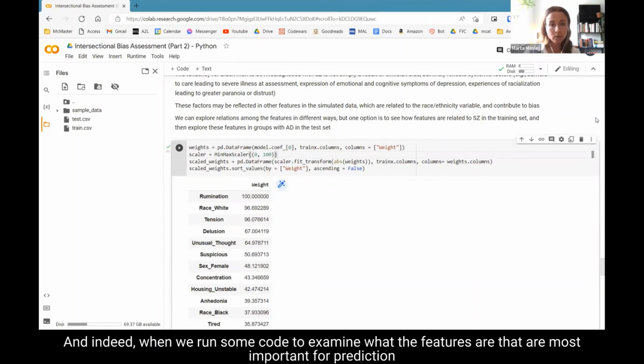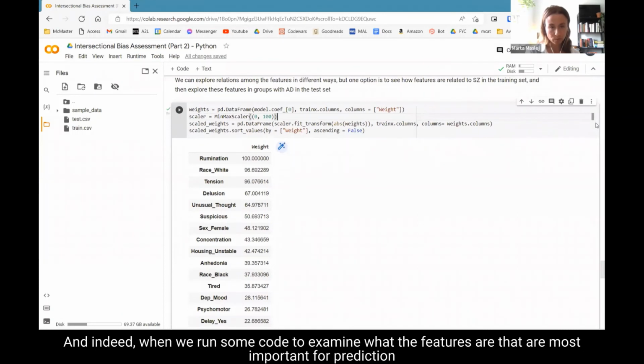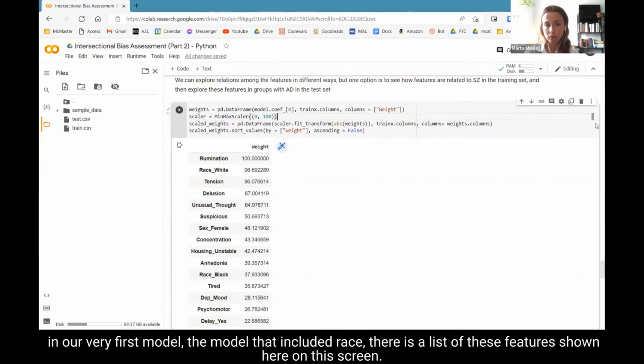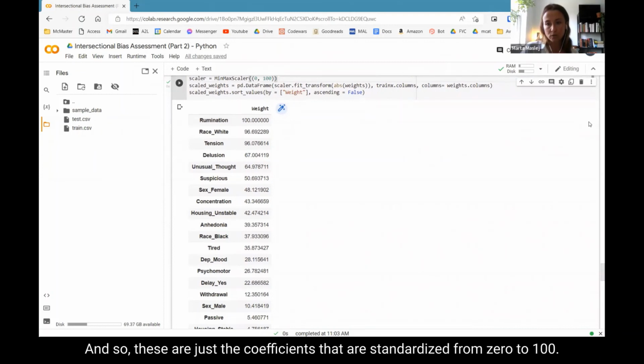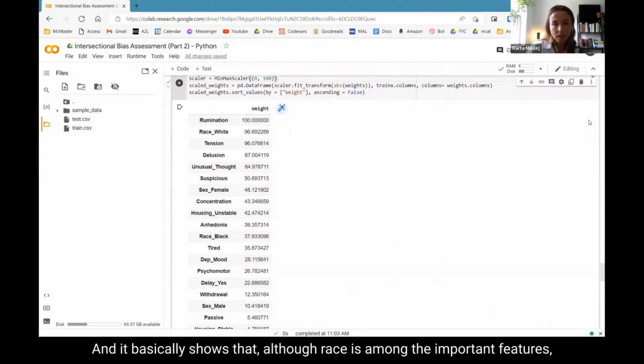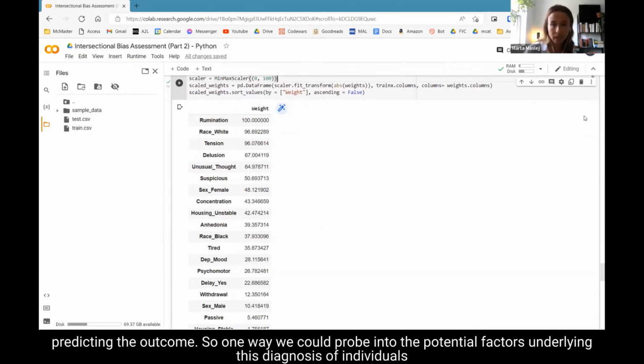And indeed, when we run some code to examine what the features are that are most important for prediction in our very first model, the model that included race, there is a list of these features shown here on the screen. These are just the coefficients that are standardized from 0 to 100. And it basically shows that although race is among the important features, there are also other features related to clinical presentation that are contributing to predicting the outcome.